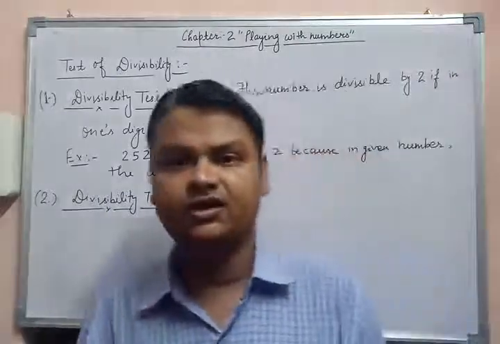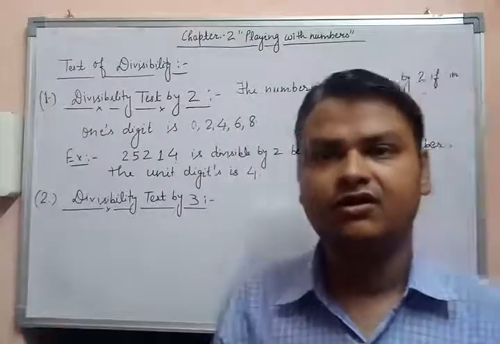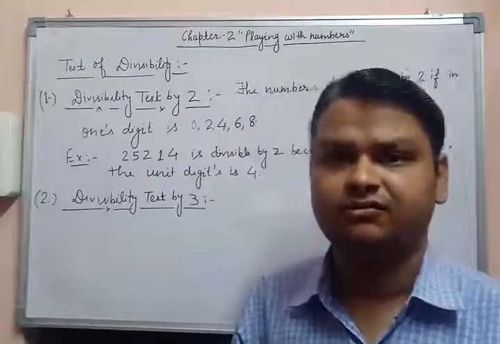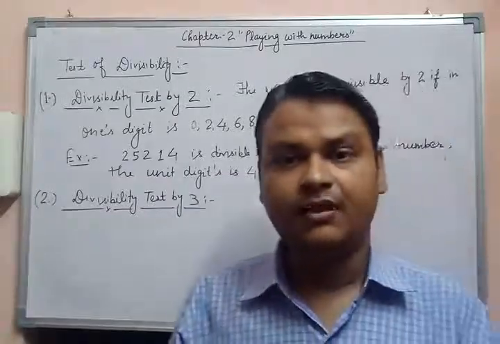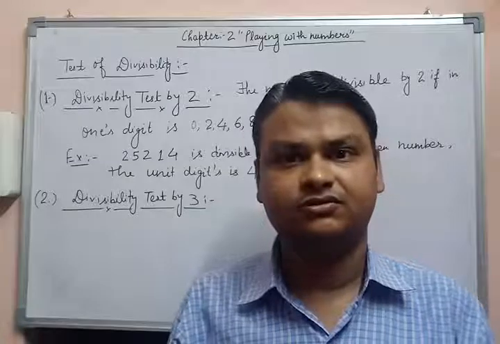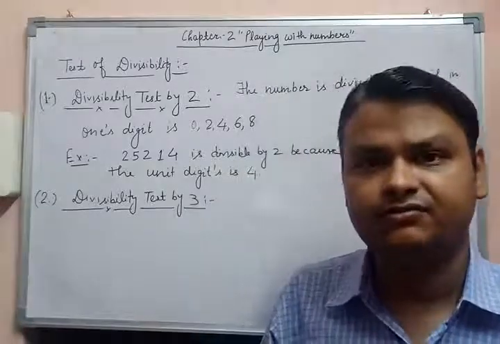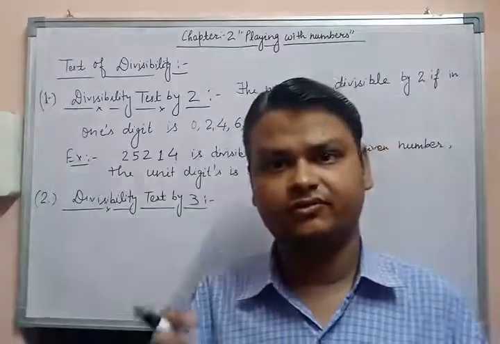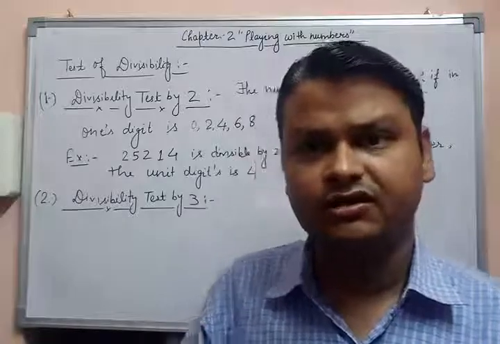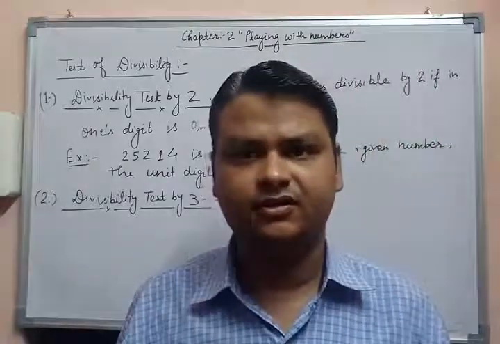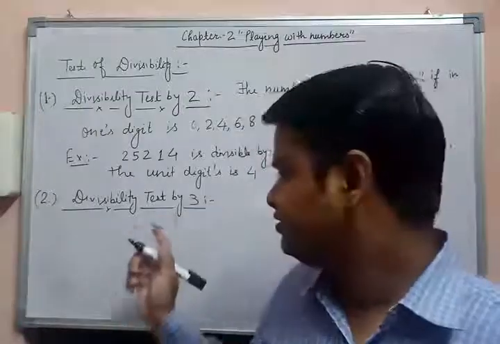If you have to check whether a number is divisible by 3 or not, first of all you add all the digits, and if the sum is divisible by 3, then the whole number will be divisible by 3. So this is the rule for the divisibility test by 3.